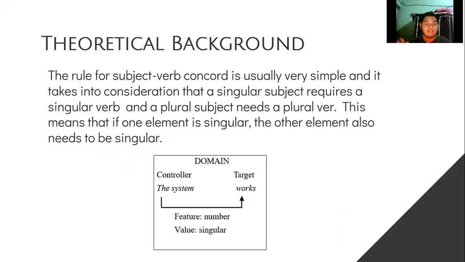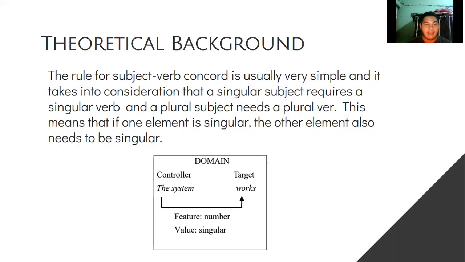But what I mean when they say singular and plural: singular is just one person, and plural could be two or more people. Okay. So when the subject is singular, it could be she, he, it, and plural could be they, we.